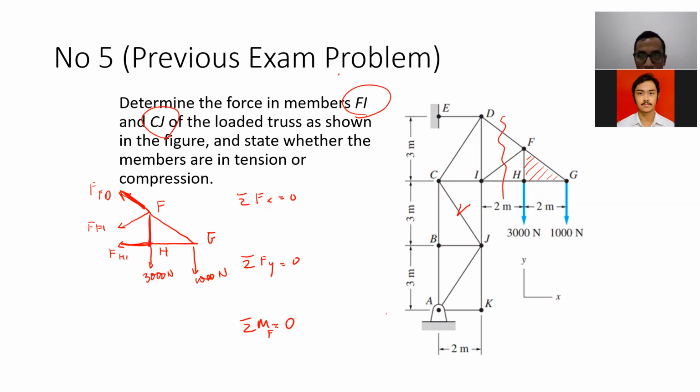Would you mind solving it for me? What do we have there? I think it's 1000 times 2. Will there be any moment due to the 3000? No, I don't think so. That's correct.